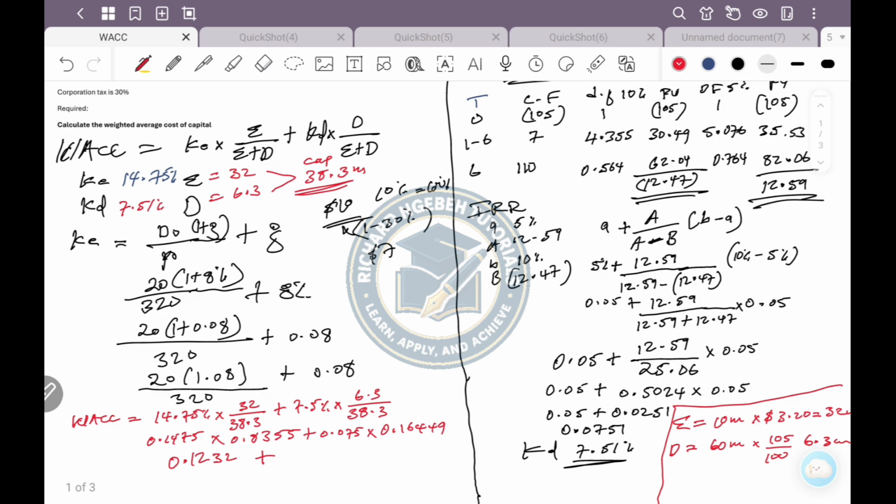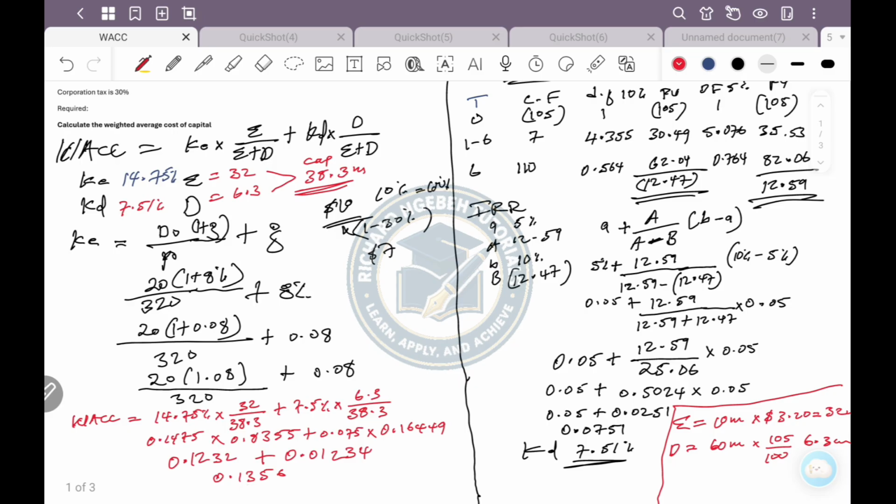Then you can now solve this one as well. 0.075 times 0.1645, and you're able to get 0.01234. Adding both of them, you're able to get 0.1356 or so.